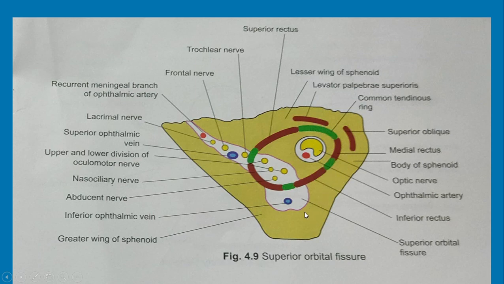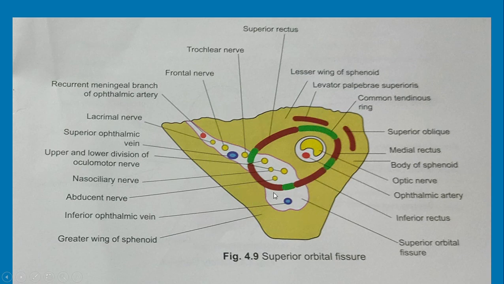Medially by the body of sphenoid. Can you see the diagram? Above the lesser wing of sphenoid, below the greater wing of sphenoid, medially by the body of sphenoid. These are the bony elements bounding the superior orbital fissure.